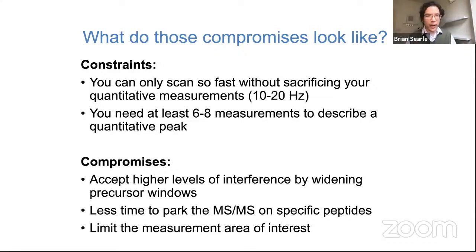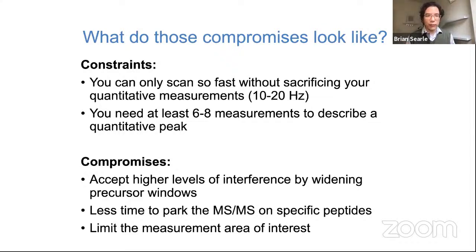One of them is that we have to accept much higher levels of interference by widening our precursor windows, as I said. So rather than targeting a specific mass, we're actually targeting a range, in this case a 25 m/z window. It lets in a lot of different peptides simultaneously, so we have a lot more interference in our measurements. The other aspect is that we have less time to spend on each mass spectrum.